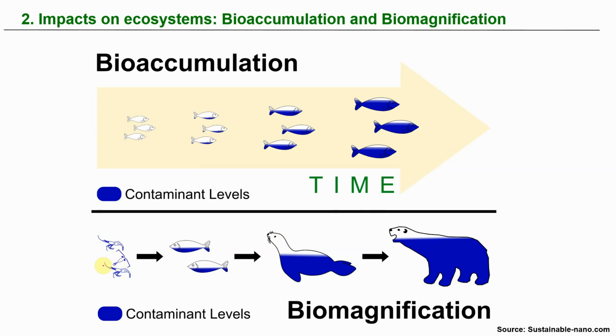And every time you move up a trophic level, the amount of pollutant present increases by a factor of 10. So this is because if you look at phytoplankton, the tiny little plankton that exist in the open oceans, the amount of pollutant that's present in their tissues is exactly the same as the surrounding water. So that means 1 kilogram of phytoplankton contains the same amount of pollution as 1 kilogram of water.